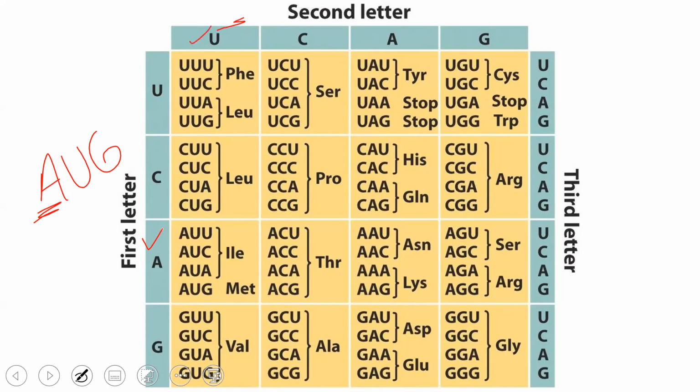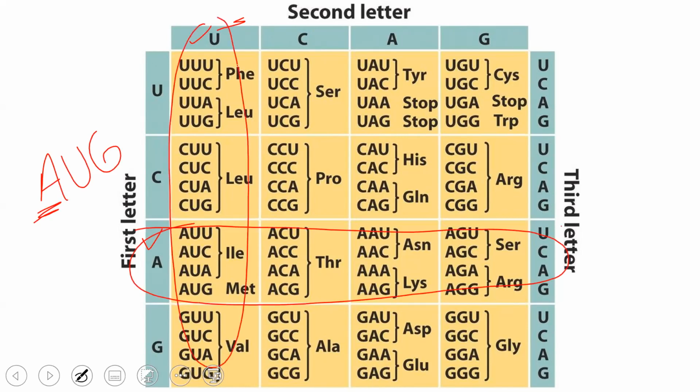I have AU, and now this means that I'm going to use this row and this column. Then you move on to where both of these are interacting. Both of these are only interacting over here in this block, which means for the third one, I can only use the reference of this block. My third one is a G, which means I'm limited to using this line. So AUG gives us methionine, and we know that's a fact.